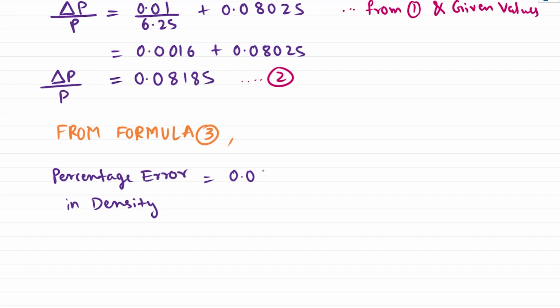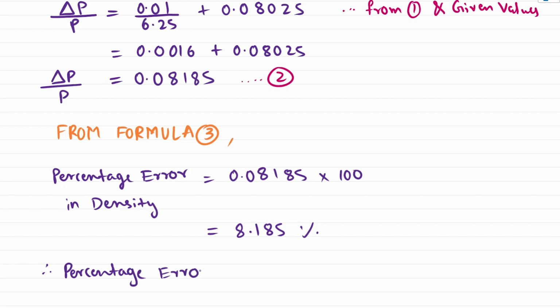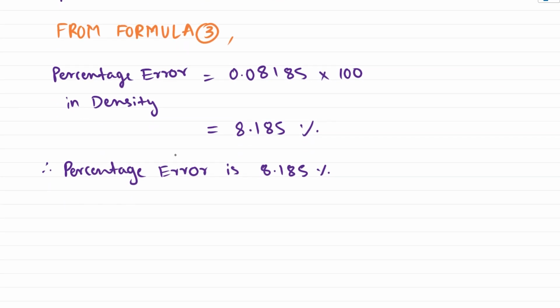So we substitute the value from equation 2, that is 0.08185, into 100 as per the formula. If we were to solve this, we would get the percentage error in density as 8.185%. So this is the final answer, that is percentage error is 8.185%. And with this, we have solved our numerical.